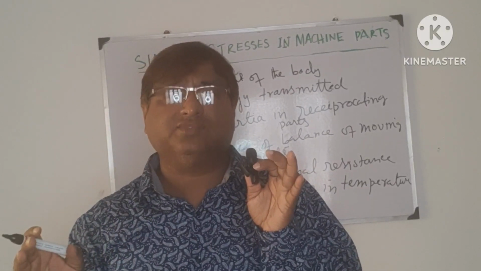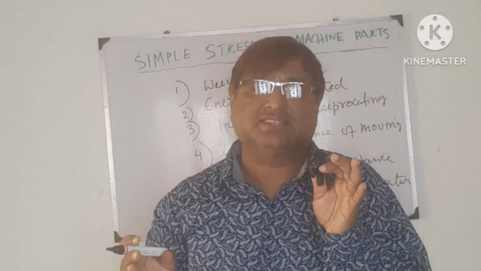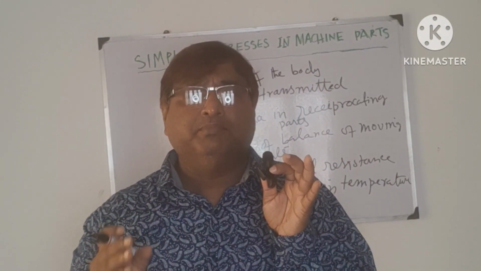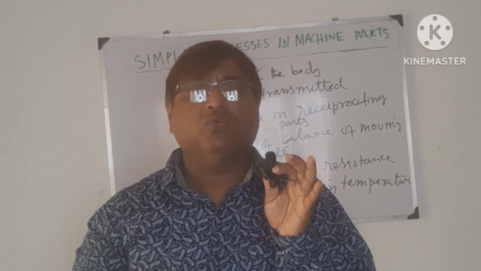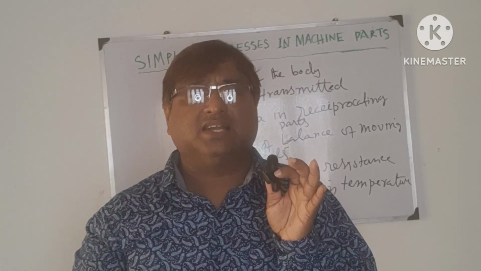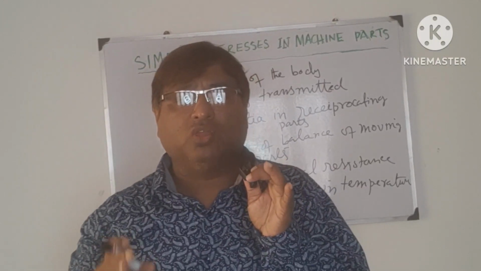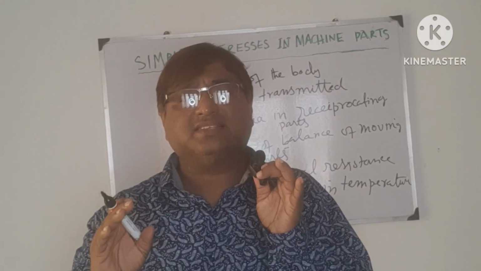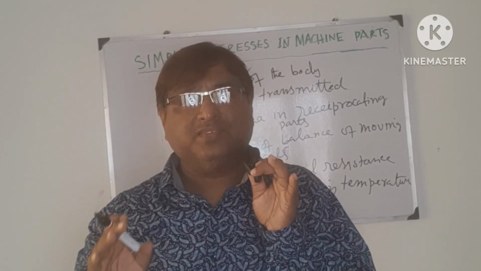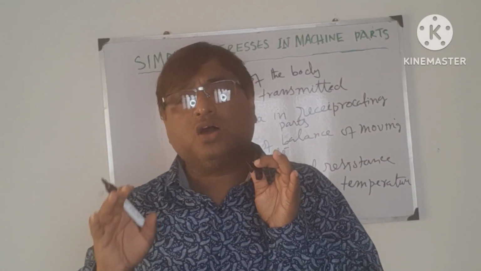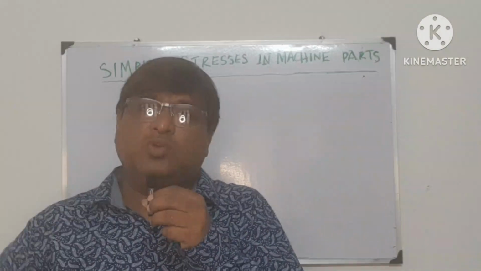So there are different types of stress. We know tensile stress, compressive stress, shear stress, bending stress, compound stress, torsional shear stress. Today we only consider the tensile stress and the compressive stress. First of all, we have to know the formula of the stress.